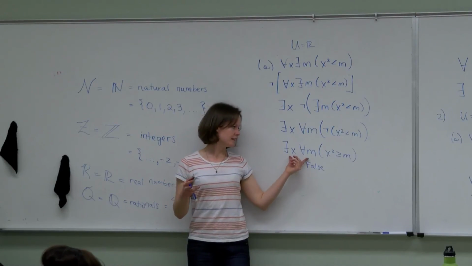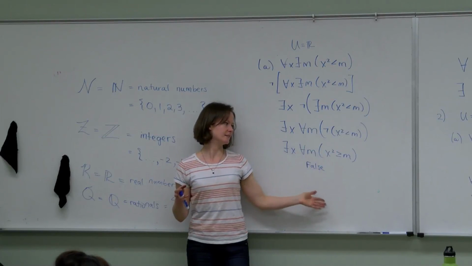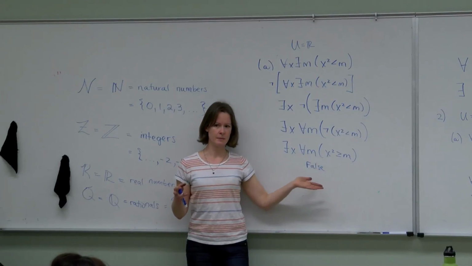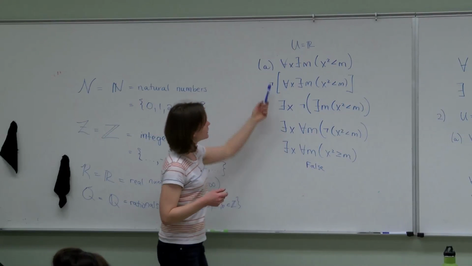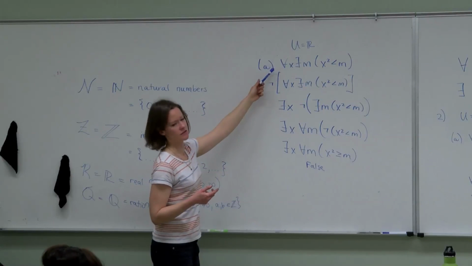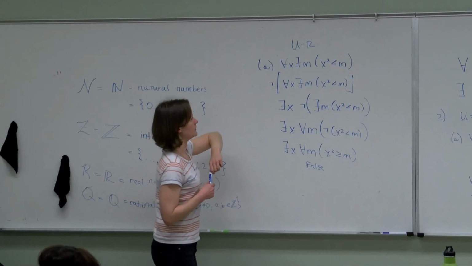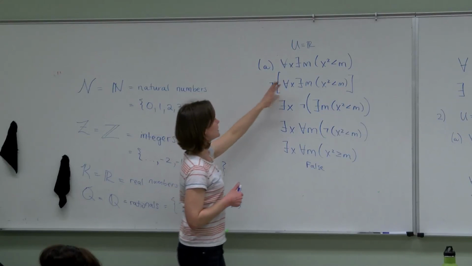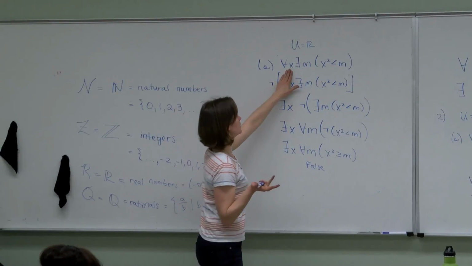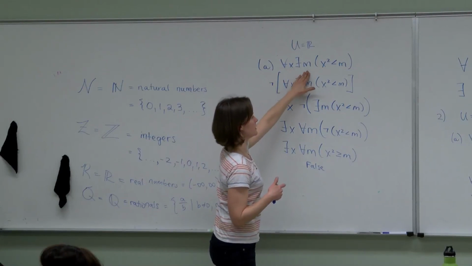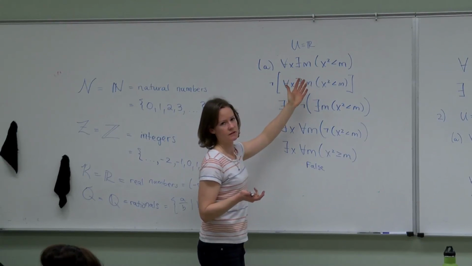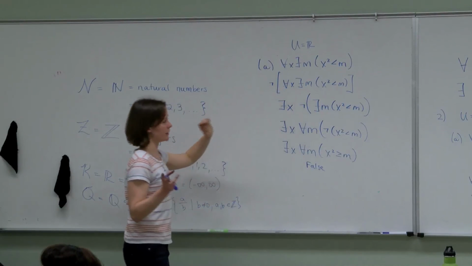So generally here, we just explain why it's false. But we could also alternatively show that the negation of it is true. For instance, any x that I give you, just choose m to be x squared plus 1, and then you're fine no matter what x I've given you.